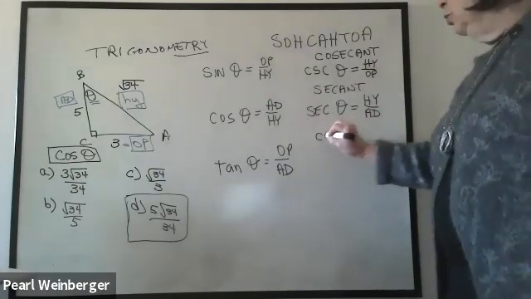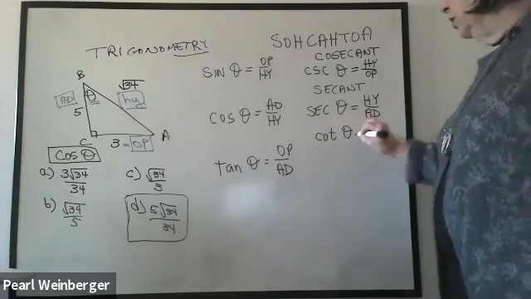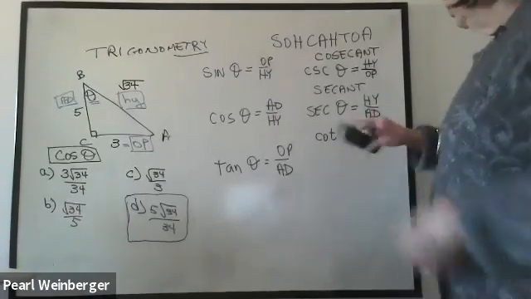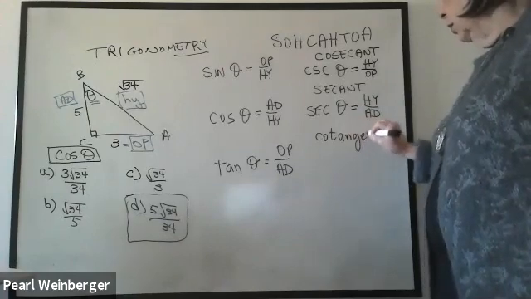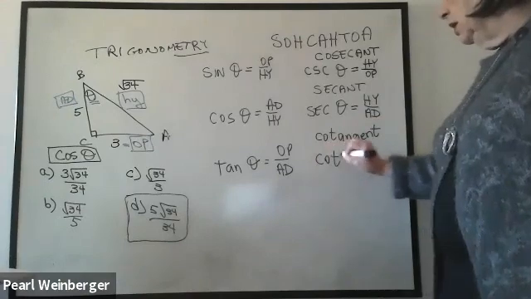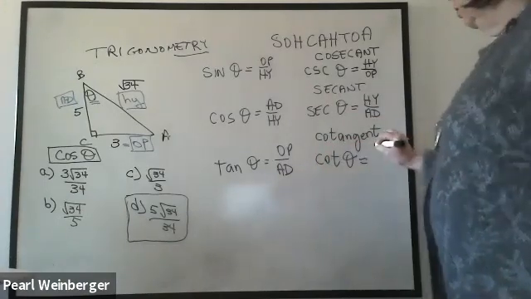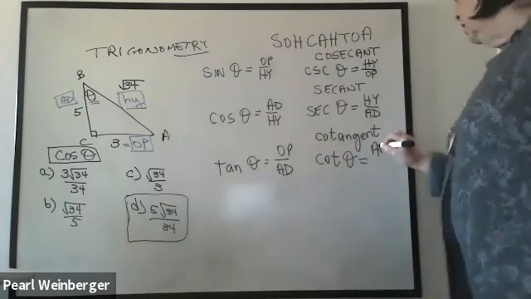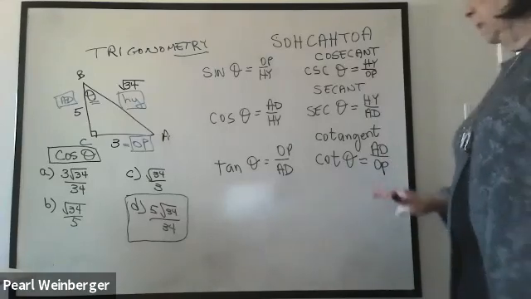The last one of the trigonometric functions that we have to talk about is something called the cotangent. The cotangent, which is abbreviated COT, is the reciprocal of the tangent. In other words, since the tangent is opposite over adjacent, this is adjacent over opposite.